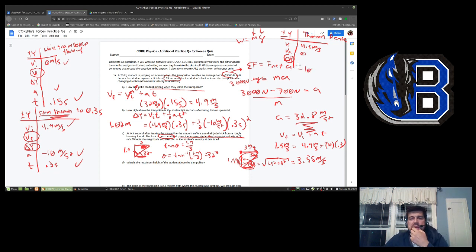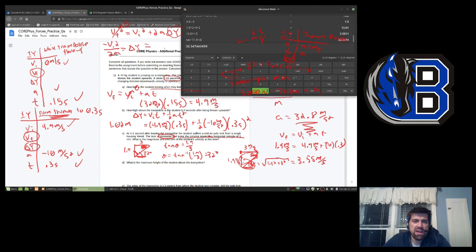So I can use the equation that doesn't have time in it. I'd love to find delta y. The final velocity is 0, so I'm going to subtract that over. I get negative vi squared over 2a equals delta y.